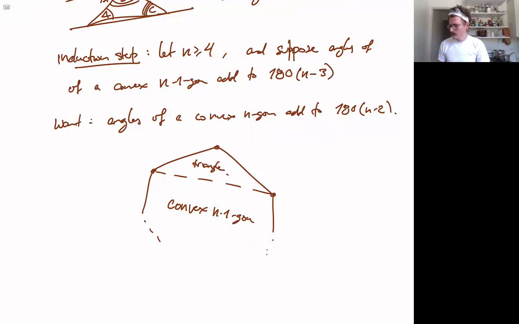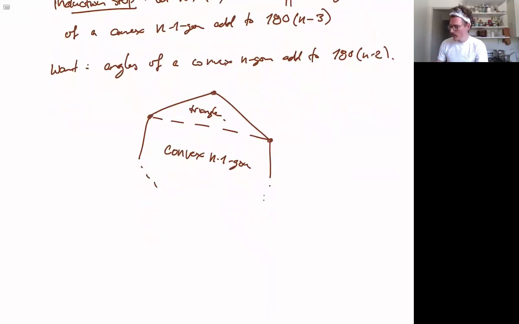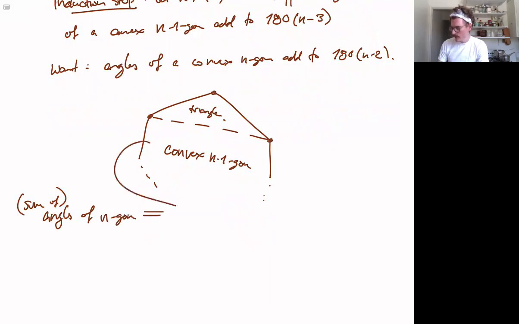And we can see that the sum, well, let me leave out the sum everywhere, but I'm going to write it. The angles of our n-gon are: all of the stuff we're leaving out here is part of our n-1 gon.